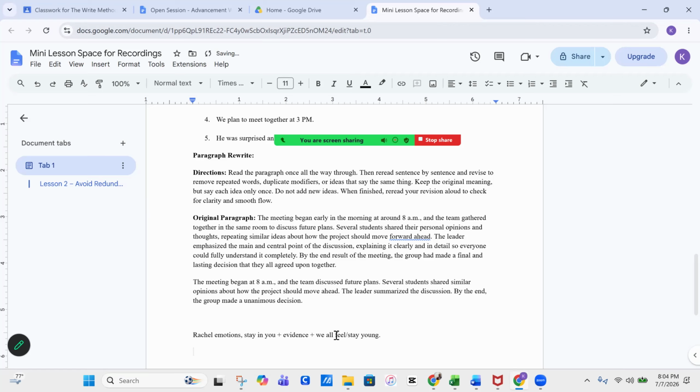Then you take these words here, all of this, and you expand it just by explaining it. Rachel explains that emotions can stay inside you because you can feel them at any age, period. According to the text, blah, blah, blah, blah, there's evidence, close quote. What she's trying to say is we all feel a variety of emotions at different ages, and these emotions make us stay young.